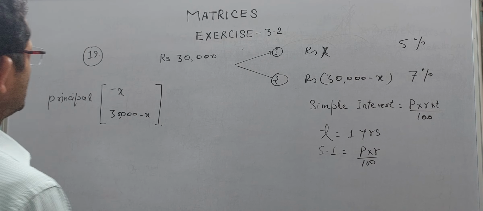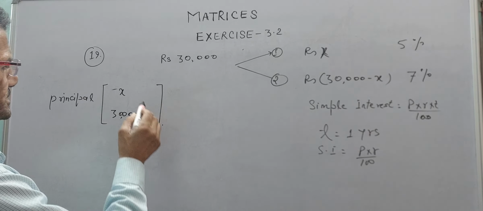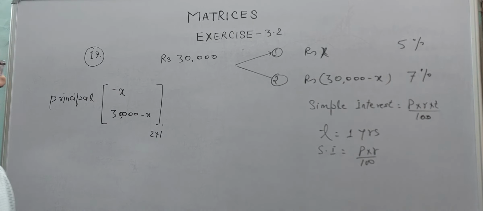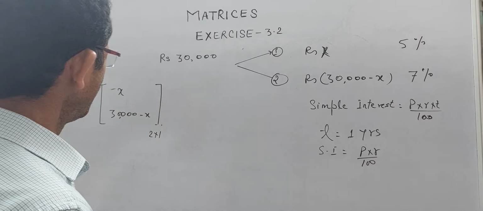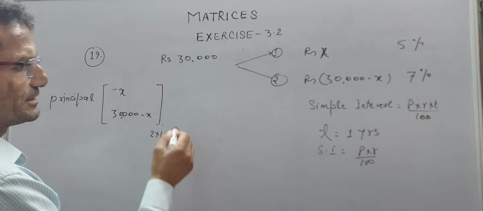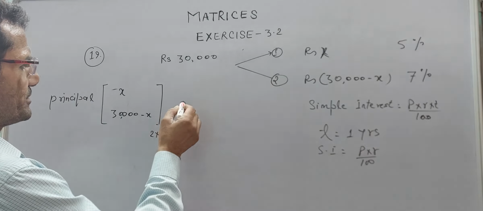So in this part, this is the principal part, and now for interest we should have a 2 cross 1 matrix. This is the second row, first column element. We need first row and second column. Now in the first row we should have only one row, that is interest 5%.